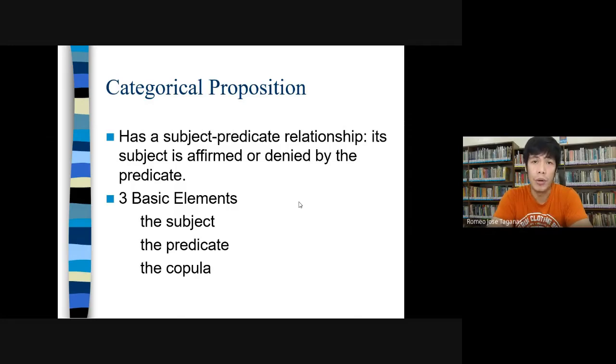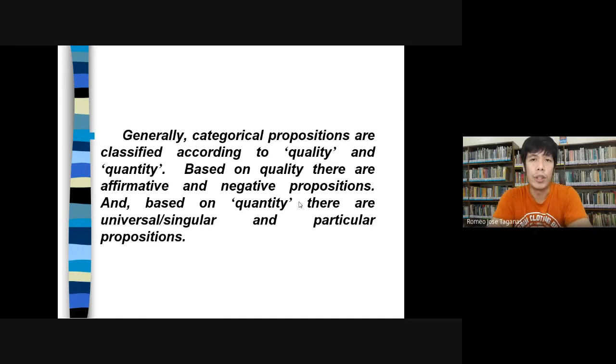A proposition also has three basic elements: the subject, the predicate, and the copula. The copula in grammar is the same as the linking verb is, are, etc. Now, generally, the categorical propositions are classified according to quality and quantity.